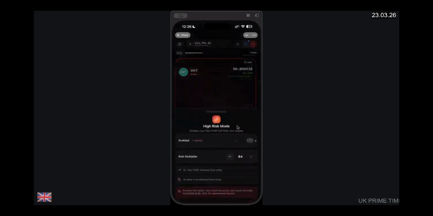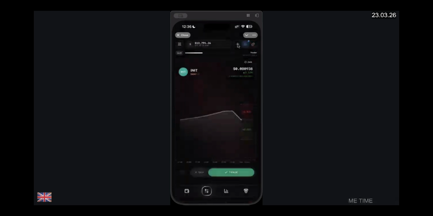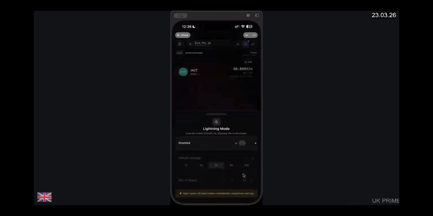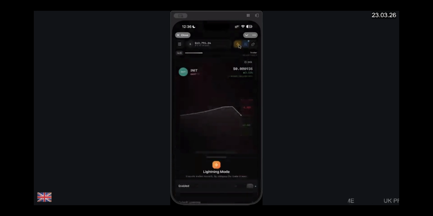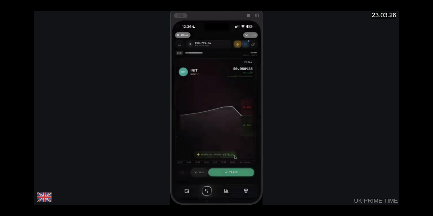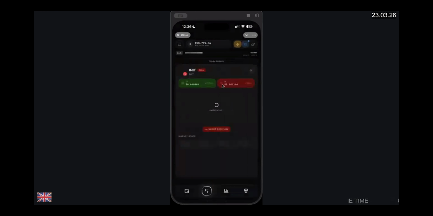So we will do what? We will turn off the risk mode and we will do analysis of a $1,013 trade with 3x risk multiplier. So for 1013, it's giving me $76 of profit with 1.45% of stop loss.